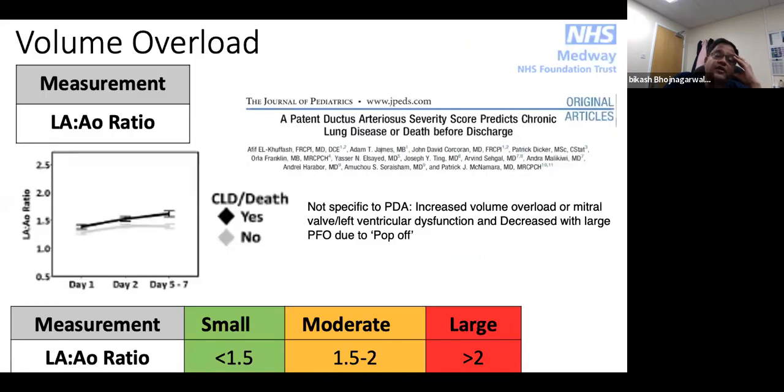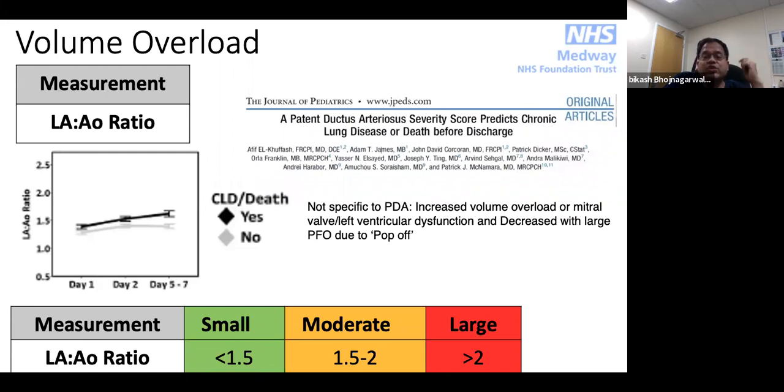In terms of LA size itself, one thing to keep in mind is that it is not specific to PDA. An increased LA ratio tells you about a dilated left atrium, and you can increase the LA ratio with various cardiac problems like volume overload, mitral valve dysfunction, and diastolic dysfunction.